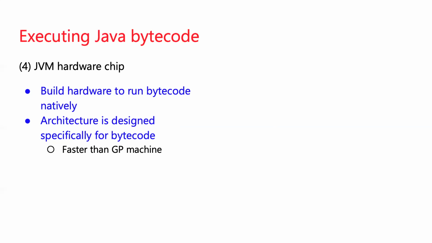But that was a little bit of a lie. There have been processors built in hardware that know how to run Java bytecode. The advantage of that is they could be a lot faster than the process of fetching instructions and decoding them could be done in hardware rather than having a little program that knows how to do that.